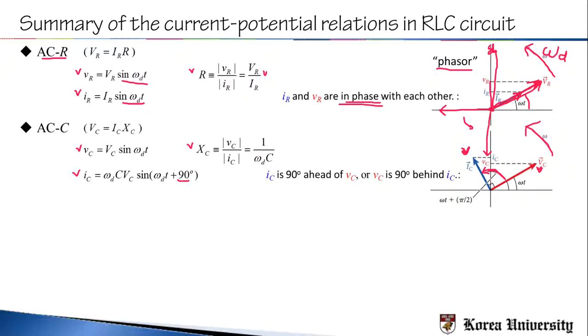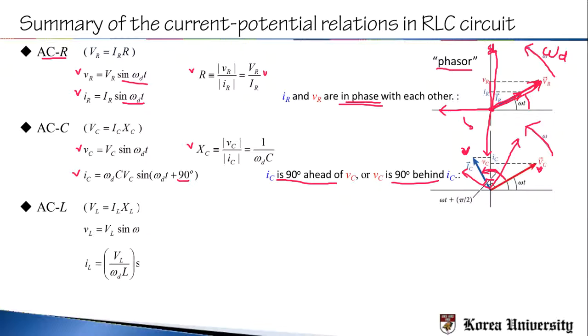For example, if this red phasor of the potential comes up to this much, the current will move together up to this much and always maintain this 90 degree relation. This is why we say that the potential is 90 degrees behind, or the current is 90 degrees ahead.